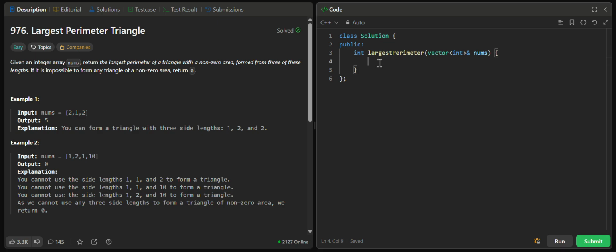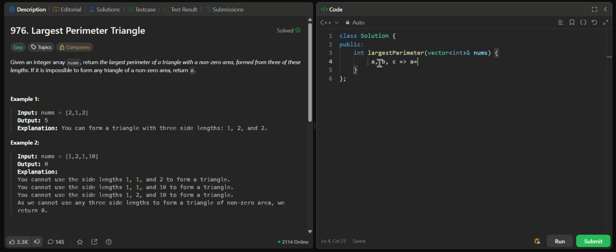If you know the very basic rule to find whether the sides we are choosing from nums will make a triangle or not, it is simple. Let's suppose the sides are A, B, and C. The condition is that the sum of any two sides should be greater than the third side.